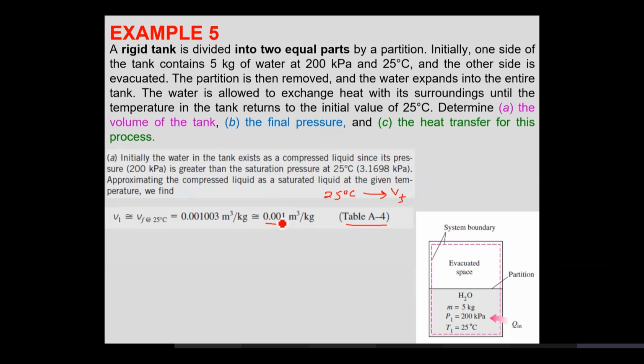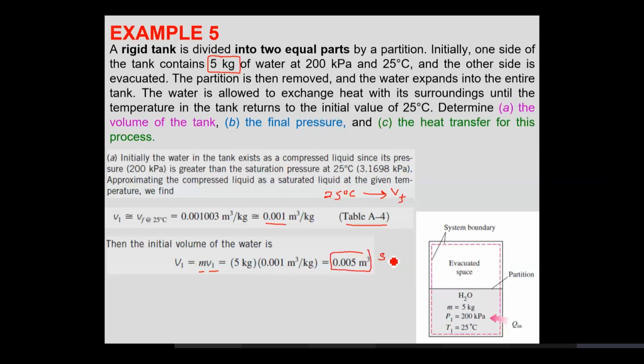If you know the specific volume at state 1, can you find out the volume at state 1? The mass is given to you, so you simply have to multiply the mass with the specific volume. So this is the volume at your state 1.